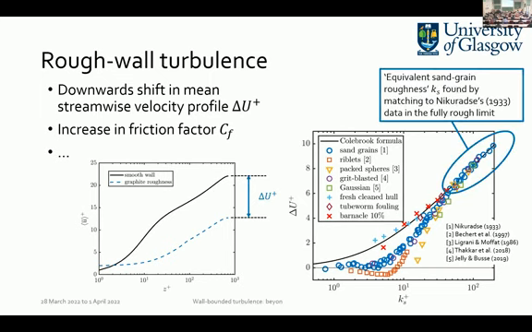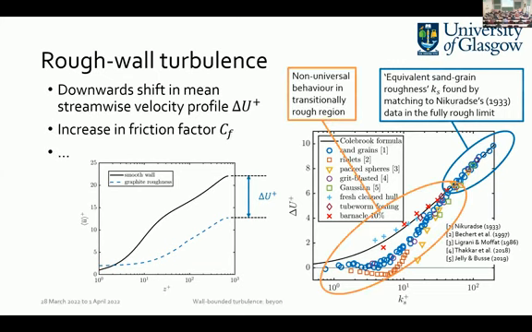By applying a suitable scaling factor, we can match the behavior of our surface in the fully rough limit to Nikuradse's sand grain roughness data, which is still the yardstick for rough wall turbulence, and then establish equivalent sand grain roughness. We also see here, of course, the non-universal behavior in the transitionally rough region.